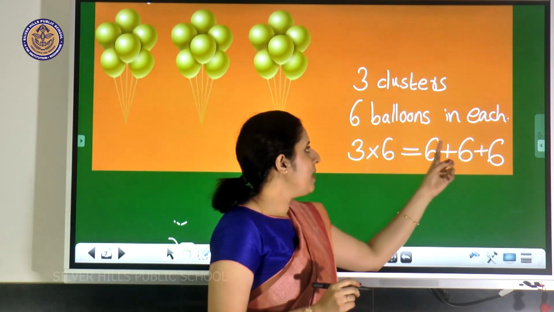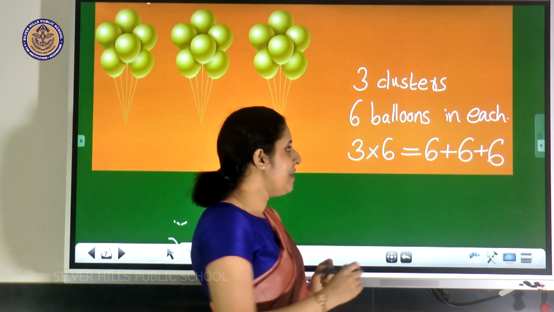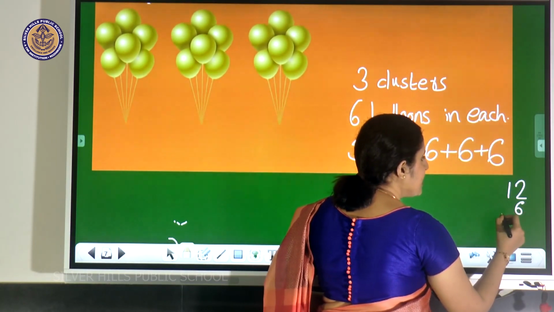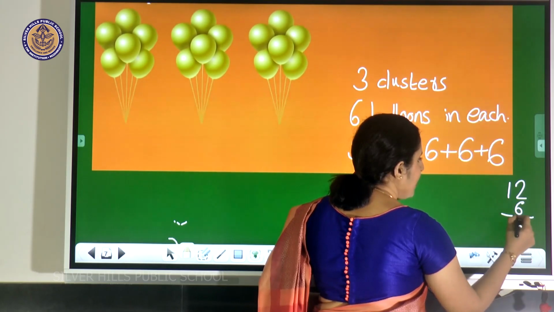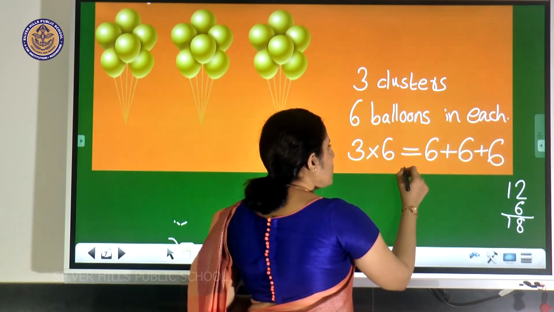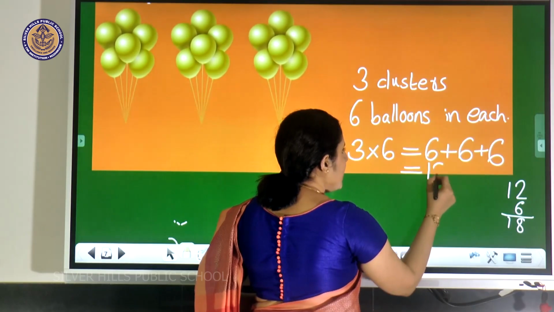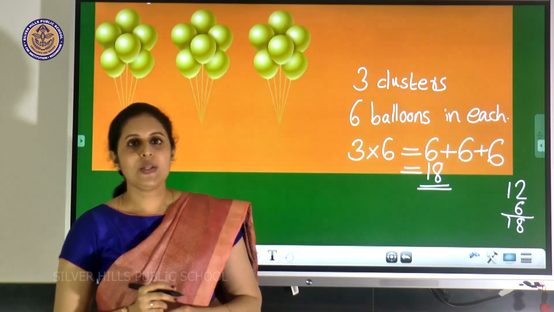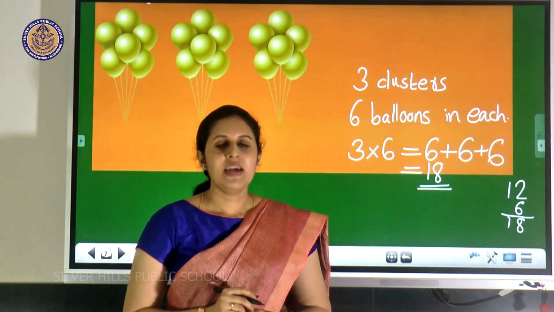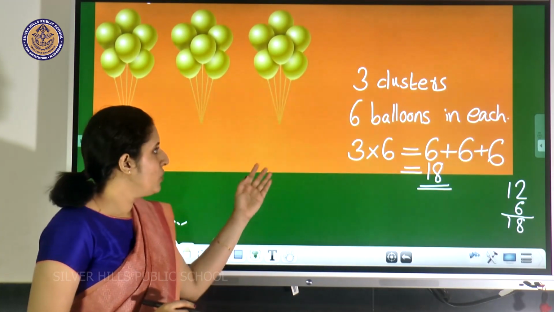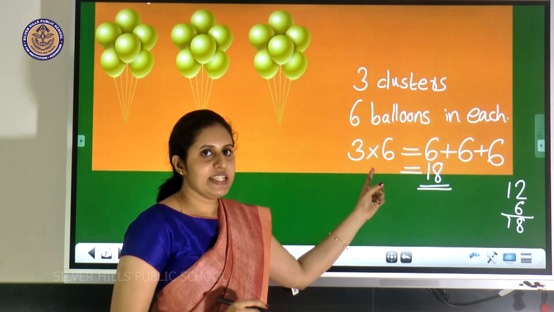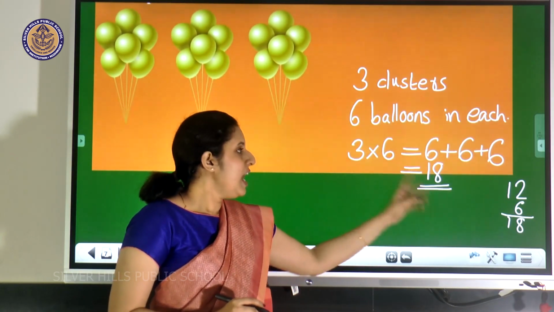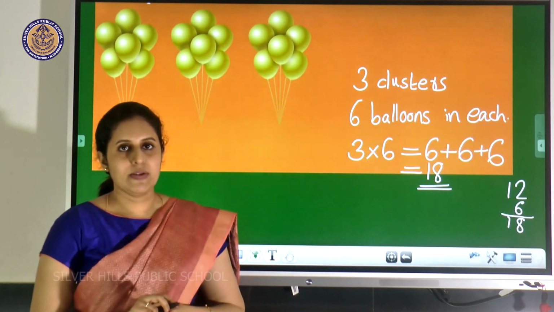Otherwise, you know 6 plus 6 is 12. Now, 12 plus 6 is 18. So, how many balloons are there altogether for her birthday party? 18 balloons. Now, you have understood how to write the multiplication sentence, how to write it in repeated addition form and how to find the total number of balloons.